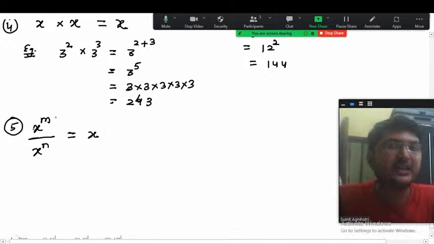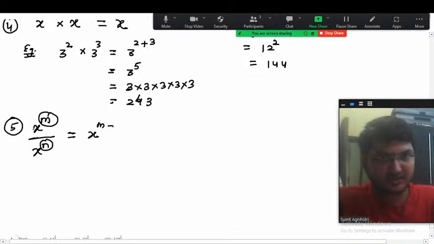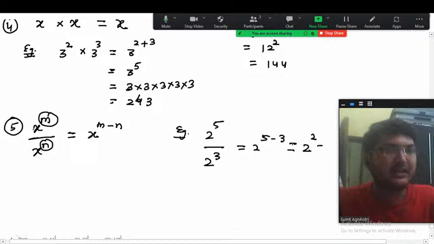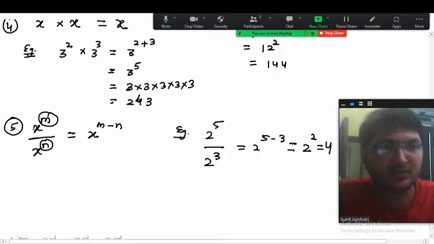We just subtract these powers. Let's say I'm having 2 raised to the power 5 divided by 2 raised to the power 3. What we can do here is just subtract these powers and the answer is going to be 2 raised to the power 2, that is 4.